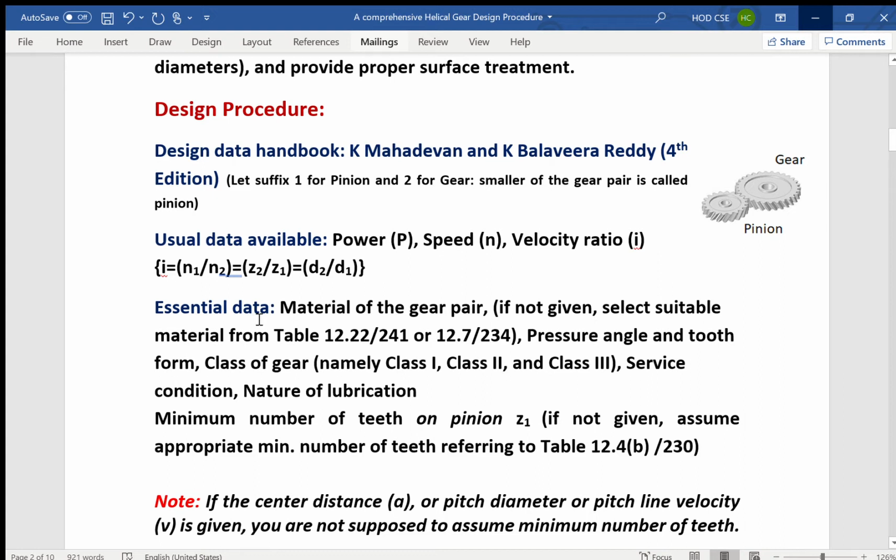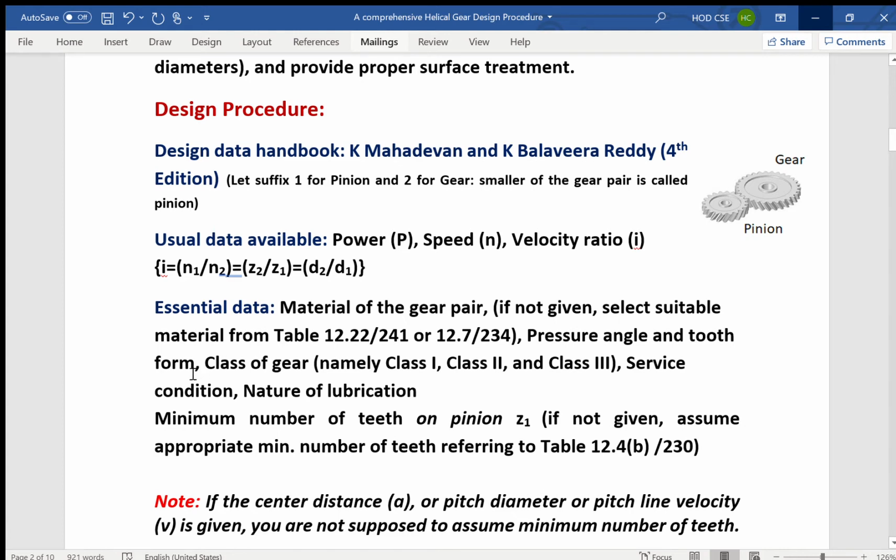Essential data: material of the gear pair. If not given, select suitable material from table 12.22, page 241 or 12.7, page 234. Pressure angle and tooth form should be given. Class of gear, namely class 1, class 2 and class 3, is useful for finding out the error.